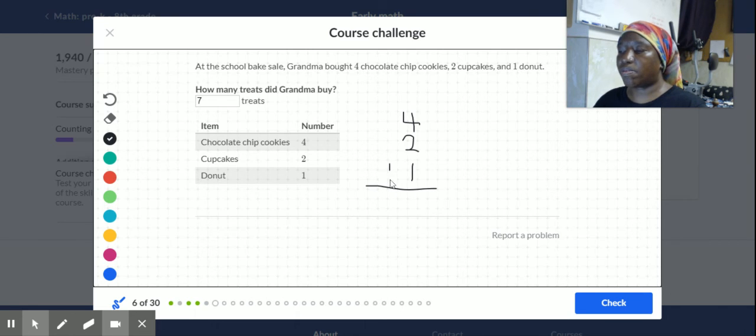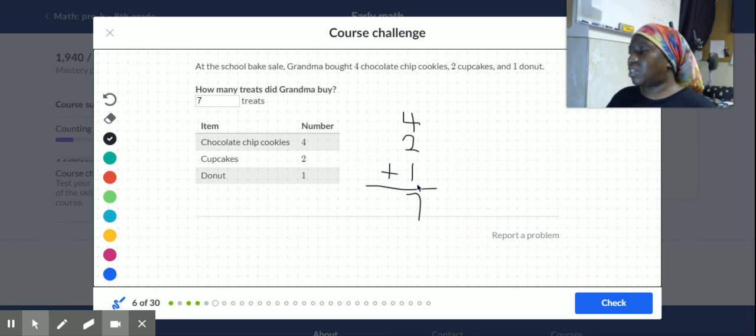We put a little something right here, and then we get 7. It's 4 and 2 equals 6, and 1 more. But if you just want to do sight math, you just add it up. Sight math is you do it in your head. You just add it up. 7. And then you check.